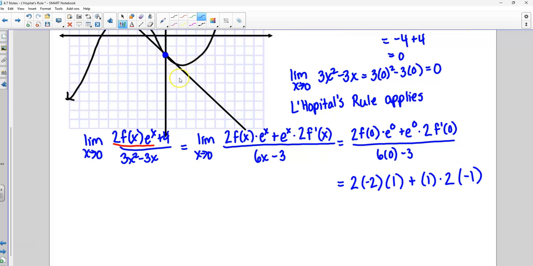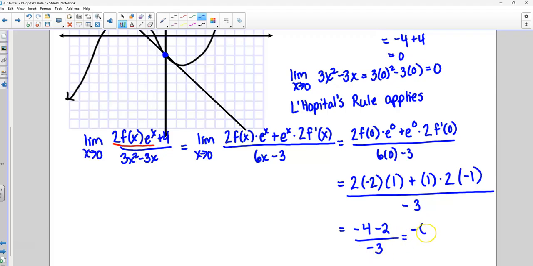Slope of that tangent line, right? Because that's the reason they put that tangent line there for you, so you could count its slope, and that tangent line has a slope of negative 1. So all this is over negative 3. Technically, if it's FRQ, you could stop here, but this isn't that difficult, so let's finish out here. Negative 4 minus 2 over negative 3.